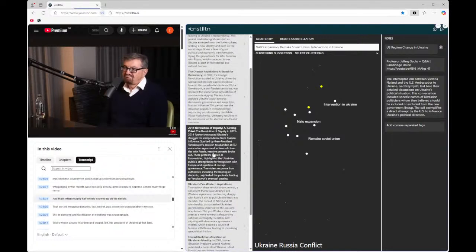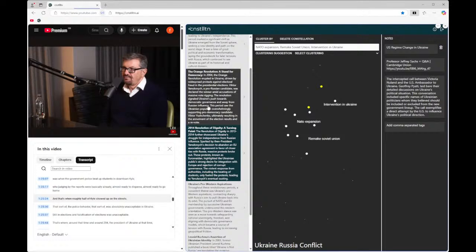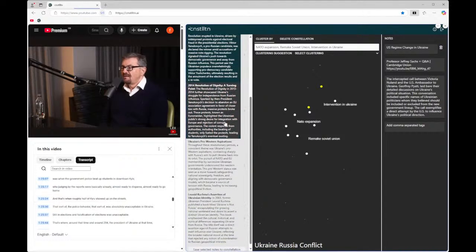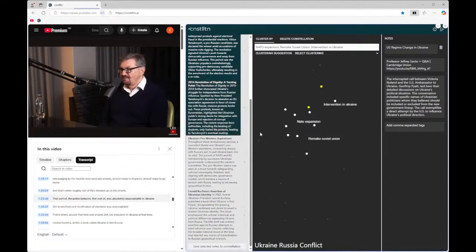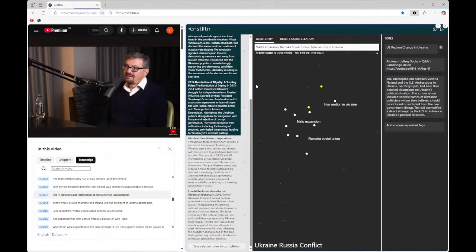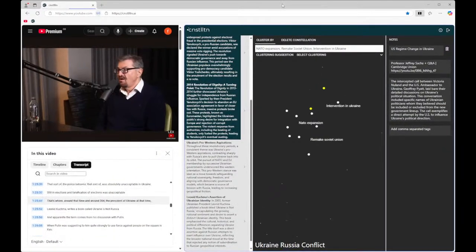And that's when roughly half of Kiev showed up on the streets. That sort of police behavior was absolutely unacceptable in Ukraine. The stealing and falsification of elections was unacceptable.